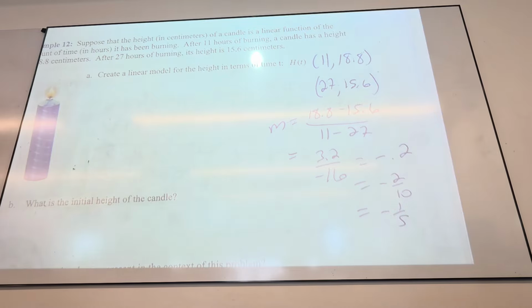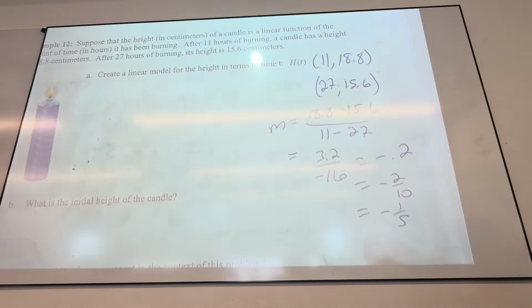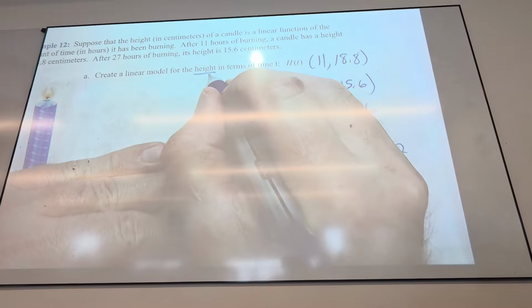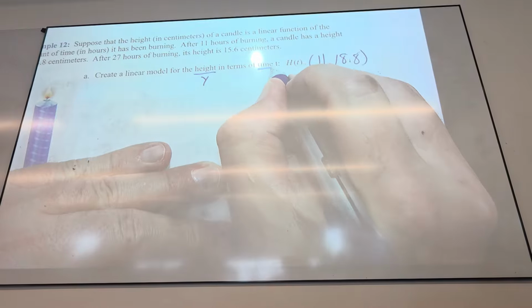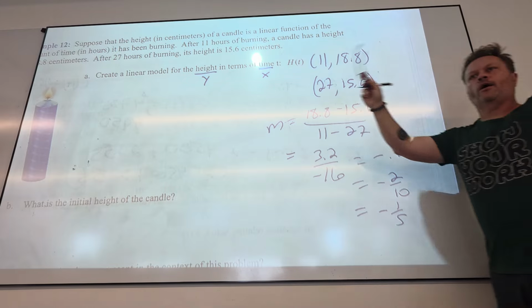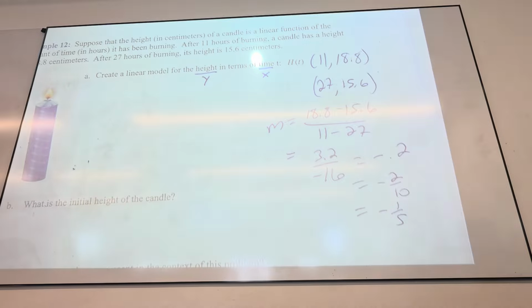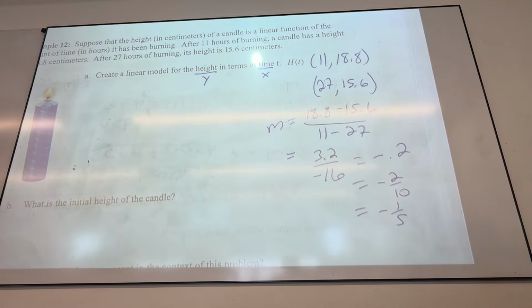So how do you get the equation? If I were you, height is like y, time is like x. So I would do the work with y and x, because that's what I'm used to. And then at the end, I would replace y with h, and I would replace x with t.